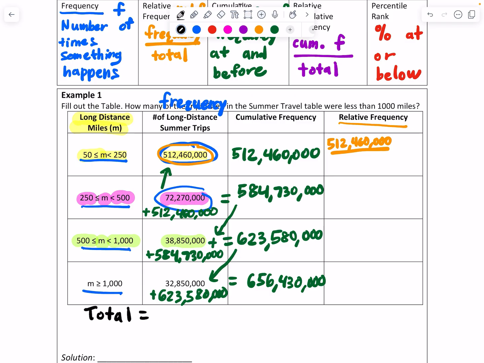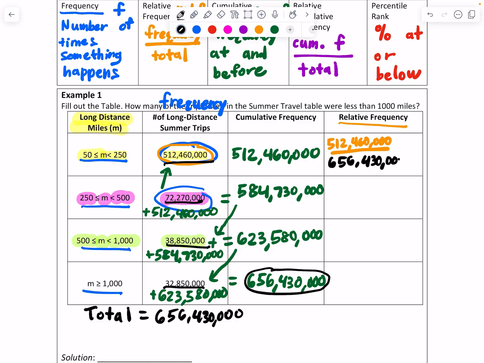The total would be if I added all of these values together. And I actually already did that. That was that cumulative frequency at the very end. So I will divide by that 656,430,000.